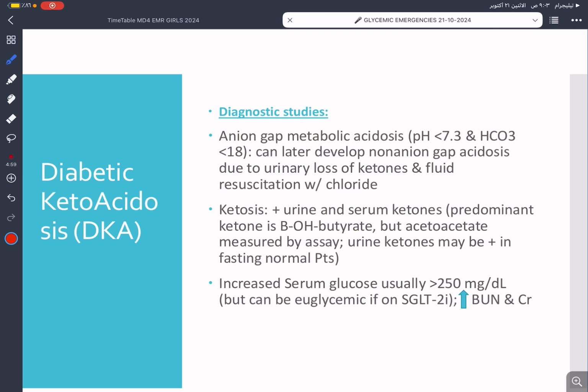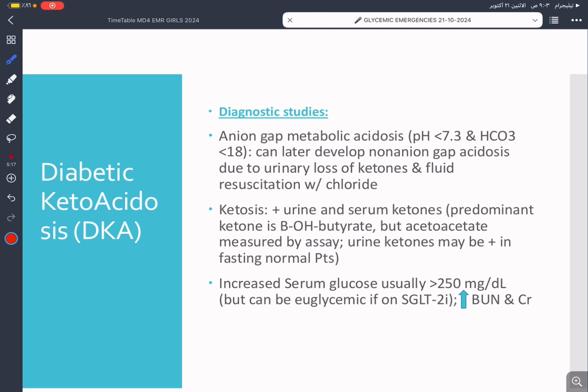Nowadays we sometimes use it for heart failure with diabetes because of decreased risk of mortality and cardiovascular events in patients with type 2 diabetes. It can cause DKA.